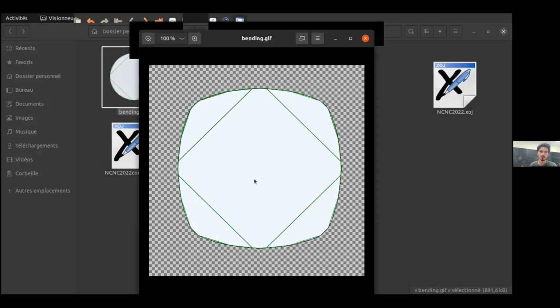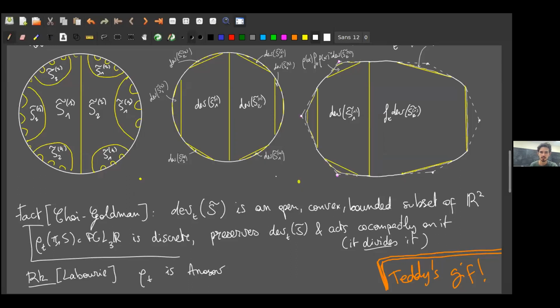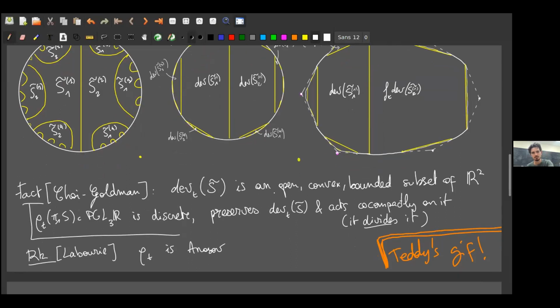I recommend having a look. I used it. I mean, Teddy helped me to use it. He almost did all the work actually to produce other GIFs of other kinds of bending that we will see in the next talk. Okay. Cool.